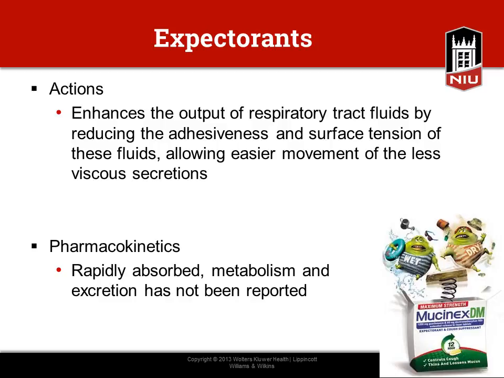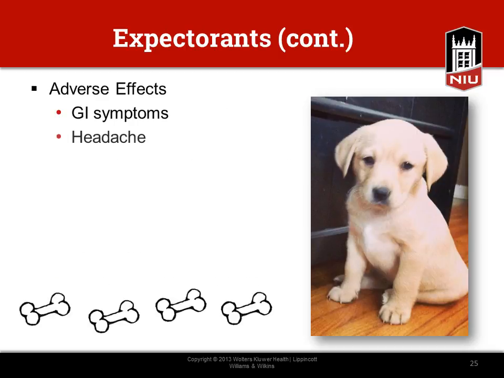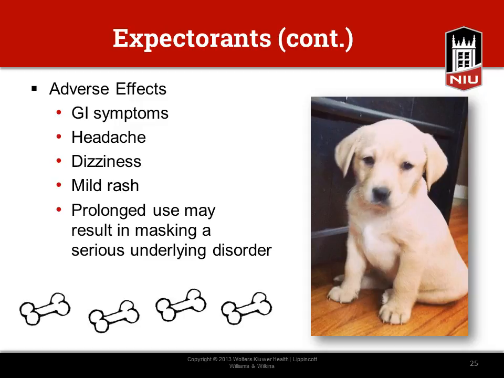Pharmacokinetics, this is rapidly absorbed, and according to your textbook, metabolism and excretion have not been reported. We could probably assume, like most of our other drugs, that it is the liver and the kidney. So the only expectorant that we have available in the U.S. is guaifenesin, which is available over the counter in a whole bunch of different products.